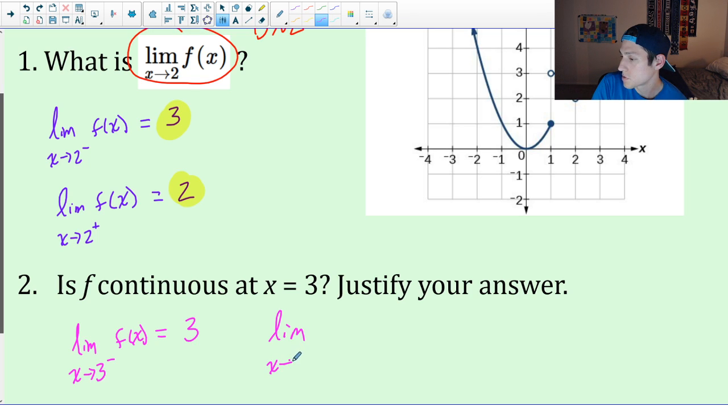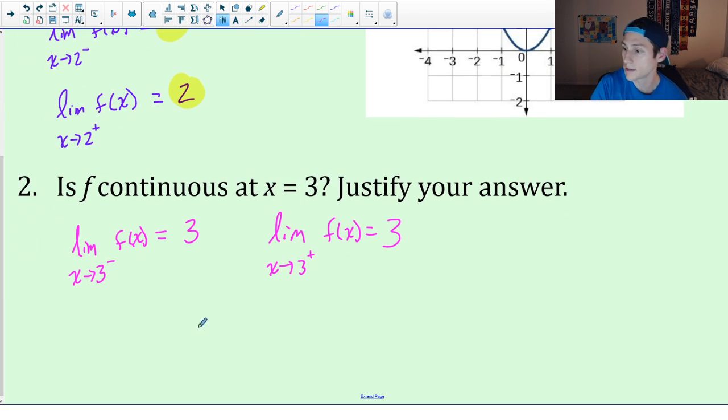And then as we approach from the right, same thing. That would also equal 3, so that's a good start. So we know the overall limit equals 3, since the left-hand and the right-hand limits equal the same thing.